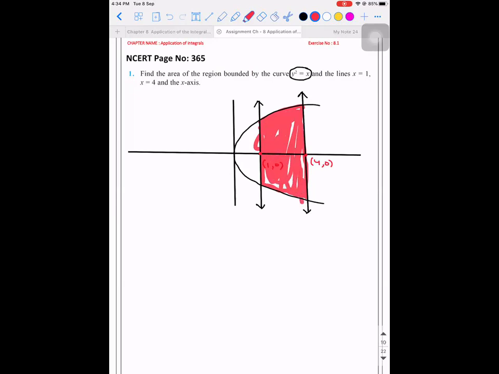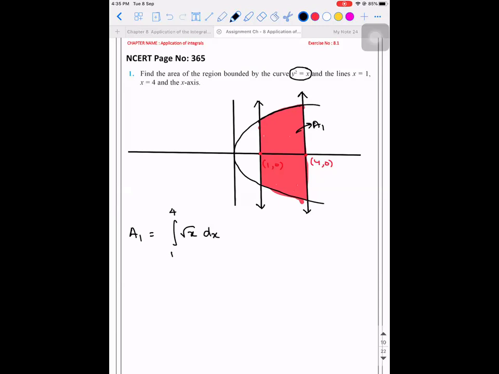So how to calculate this area? The limits are from 1 to 4, integrating with respect to x. You will take one area as A1. A1 is the integral from 1 to 4 of the curve, which is root x dx.